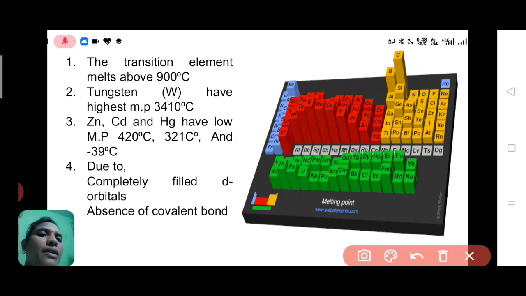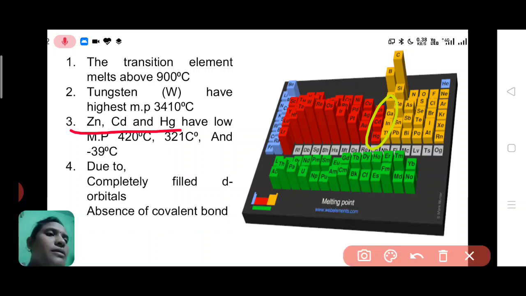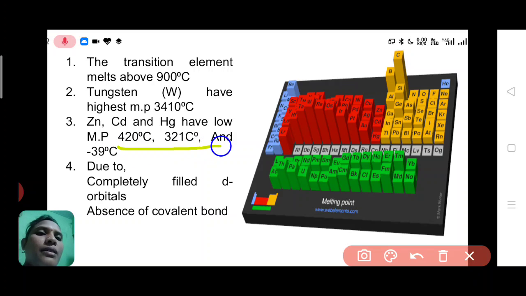In the same way, if we see zinc, cadmium and mercury, they have low melting points, that is 420 degrees Celsius, 321 degrees Celsius and minus 39 degrees Celsius.